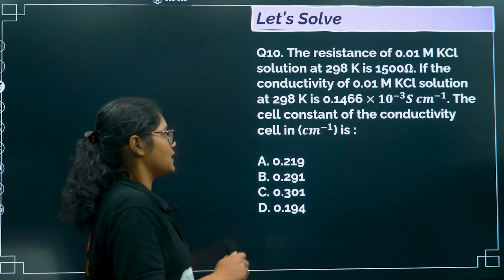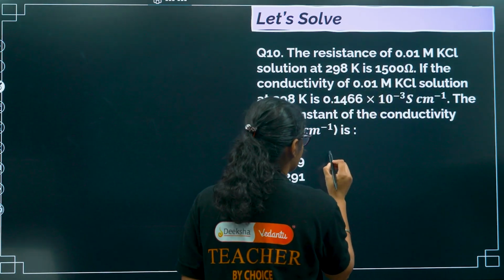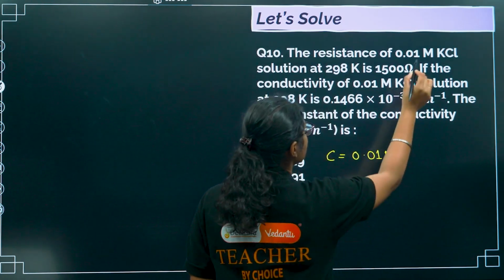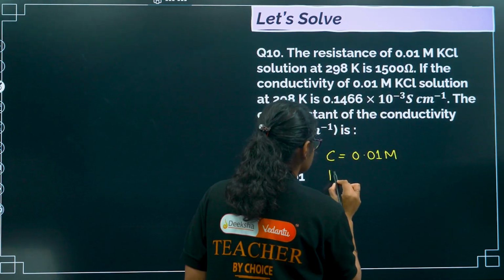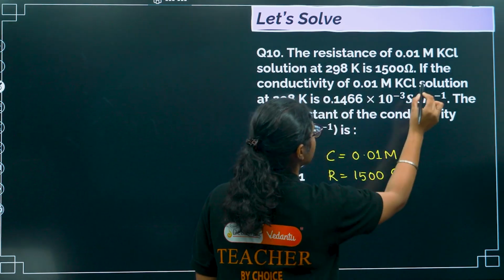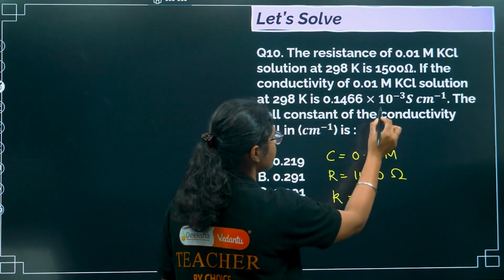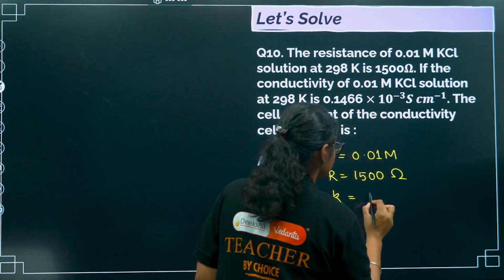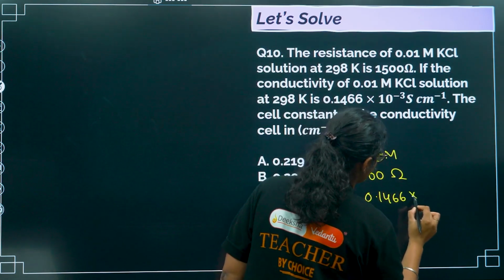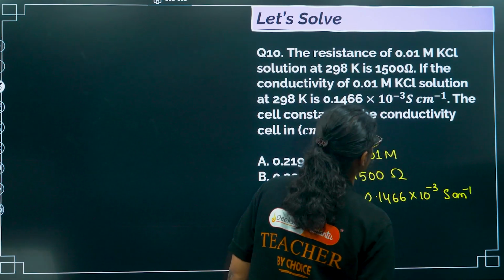Okay, let us start. Resistance of 0.01 m KCl. So I'll write concentration is how much? 0.01 m. Then at 298, resistance is how much? 1500 ohm. Next, if the conductivity, I told you, kappa value. So what is the kappa value given to you? 0.1466 into 10 to the power of minus 3 S centimeter inverse.